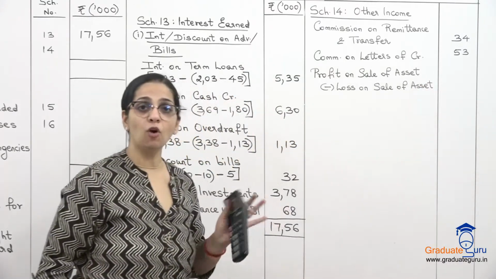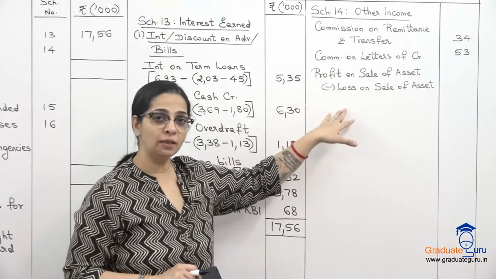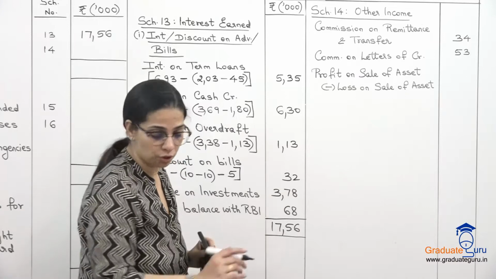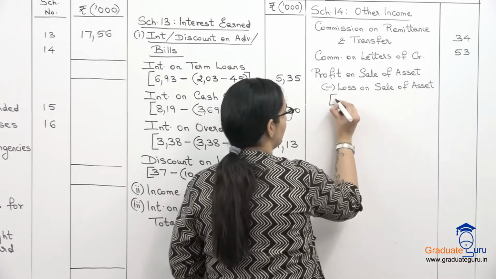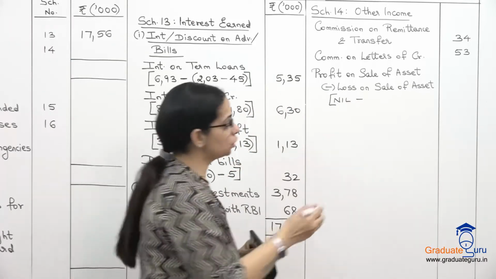This is how our format expects us to show it. So if there is a profit, from it you have to subtract the loss, but here I only have a loss on sale of computers. So my profit is nil and minus our loss is 23.